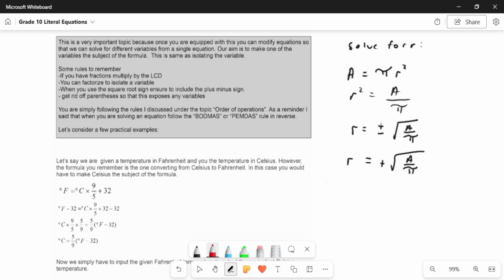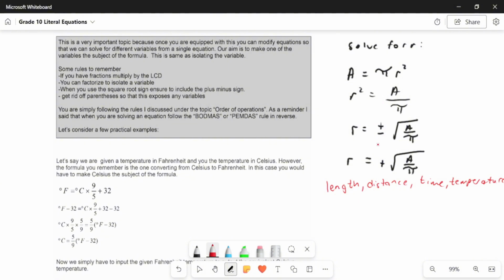So let me give you a list of some of the cases where you'll have positive answers. Let's say you have a square root and you need to make the choice. If you're solving for something like a unit of length, distance, time, or temperature, all have to be positive, right? So if this was time and you had time is equal to plus or minus the square root of something, it can only be the plus solution.